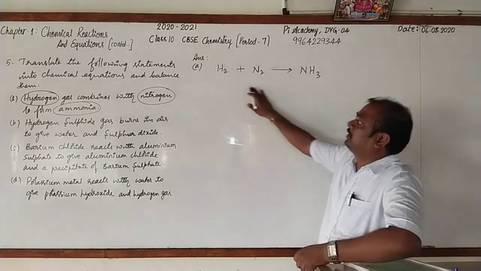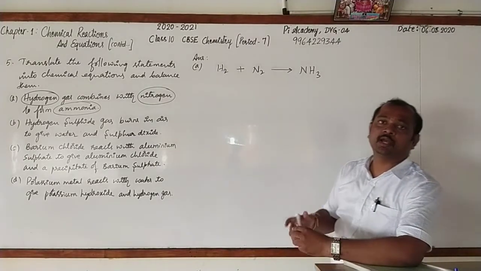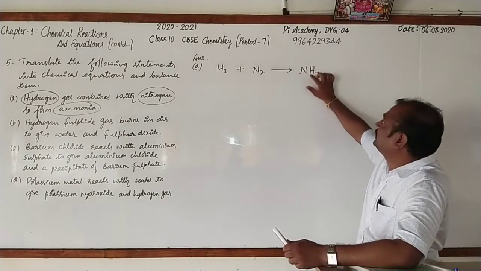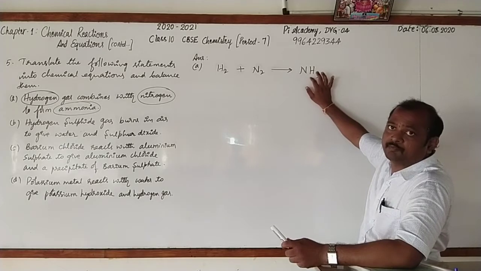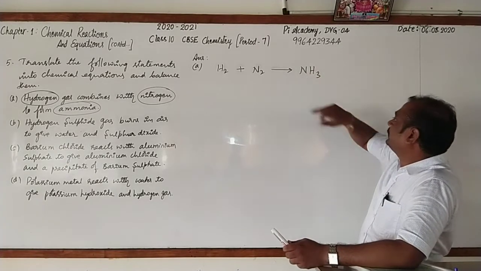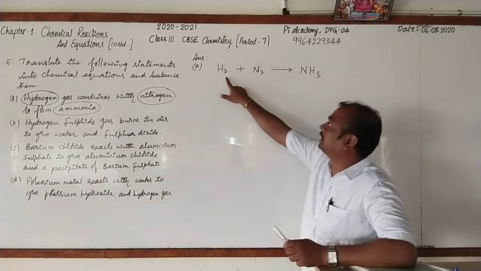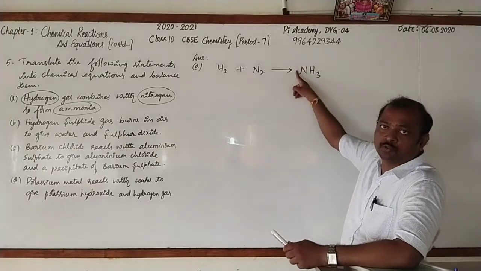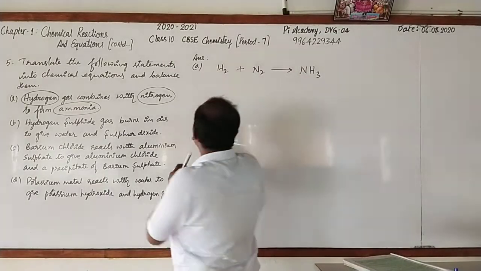See that we will take the compound having the maximum number of atoms. This is NH3. In that, the element having the maximum number of atoms is hydrogen. Right? It is 3. And here hydrogen is 2. How do you balance? So it should be multiplied by 2 and this should be multiplied by 3.